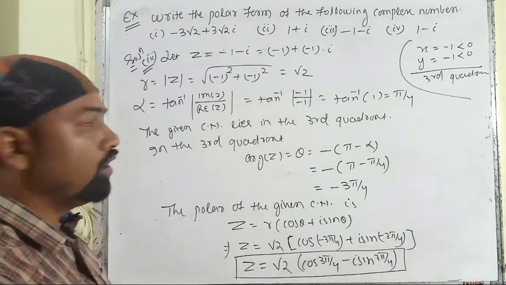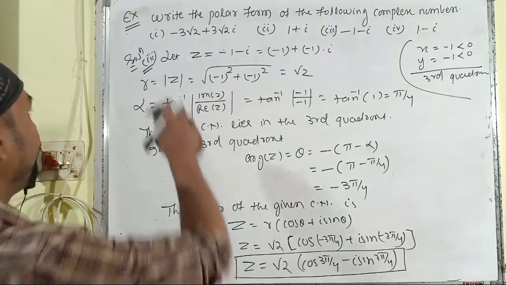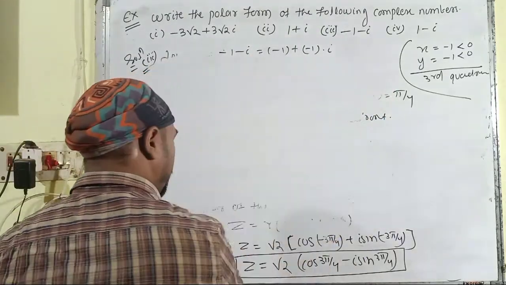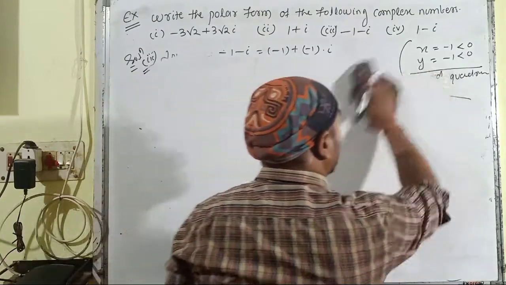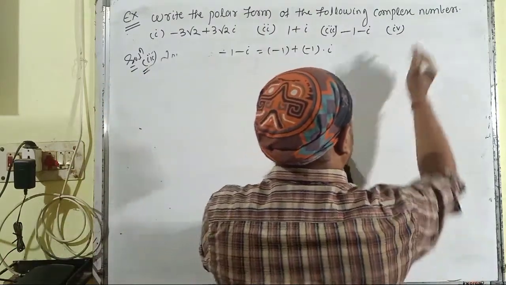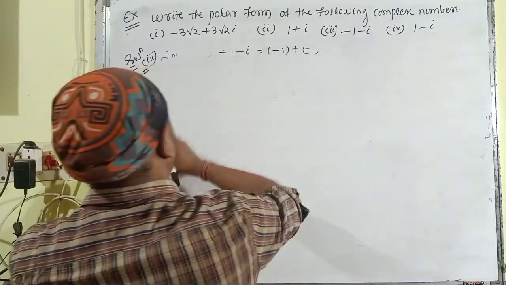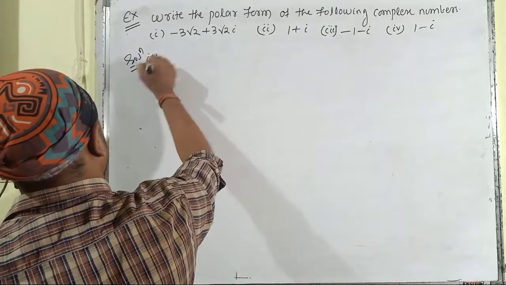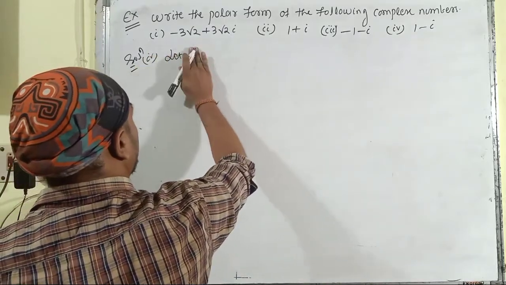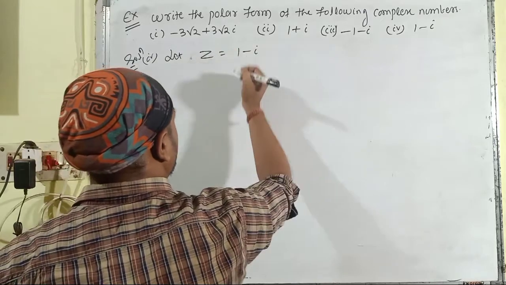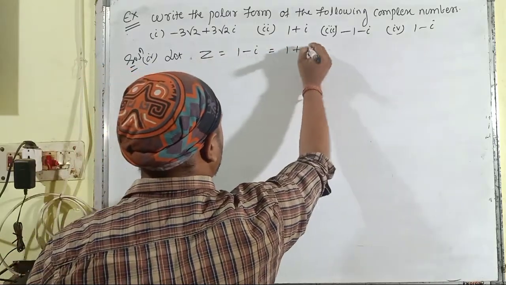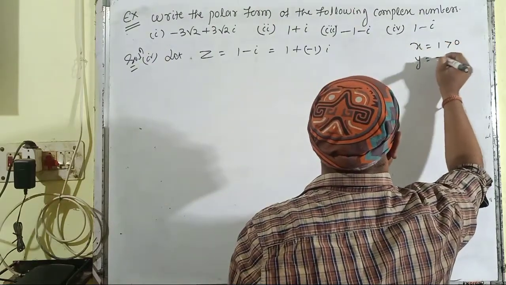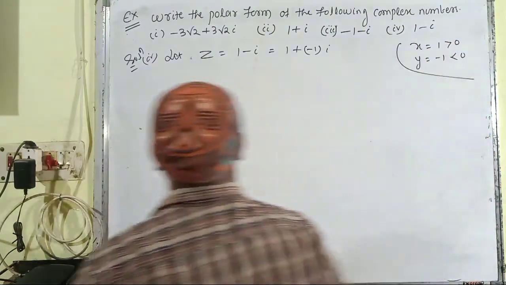Then moving towards the last bit of this problem. Let z is equal to 1 minus i, that means 1 plus minus 1 into i. Here x is equal to 1, greater than 0, and y is equal to minus 1, less than 0.